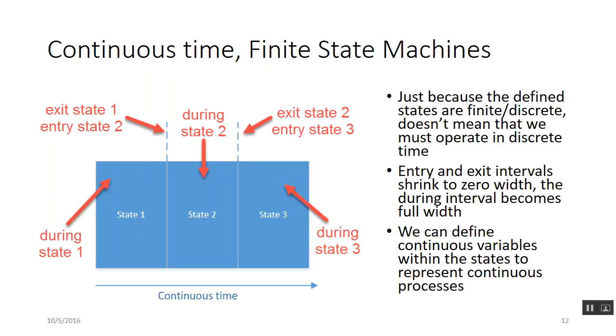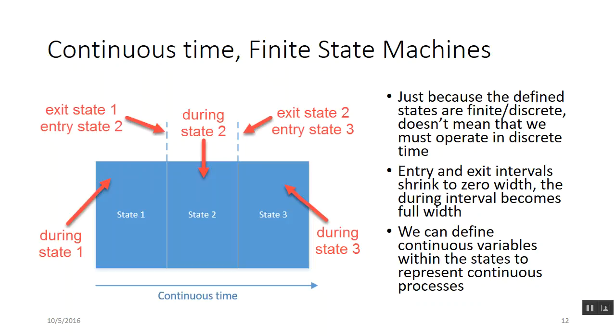What that does to the substates, or the entry and during and exit, is those entry and exit shrink to not having any time duration. If you think about what continuous time and discrete time mean, it means that time steps become infinitesimally small.